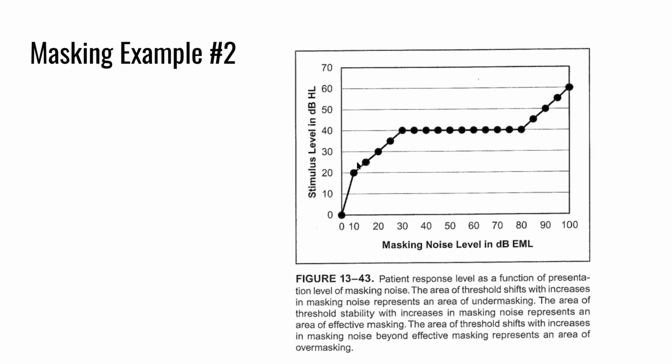It's because we're overmasking. So we have a very nice plateau going from 30 dB in noise up to 80 dB of noise. We have a 50 dB plateau here, more than enough. But just for example's sake, we can see that we are reaching into overmasking now. So we've plateaued, and now we're into overmasking.